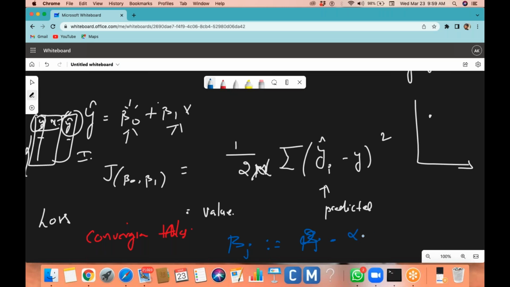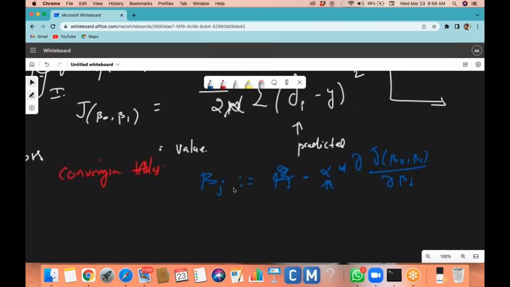Alpha is my learning rate, a constant. How fast you converge is decided by this alpha. This is my learning rate into the derivative of J of beta naught, beta 1, with respect to beta j. Your j can be 0, 1, 2, anything.